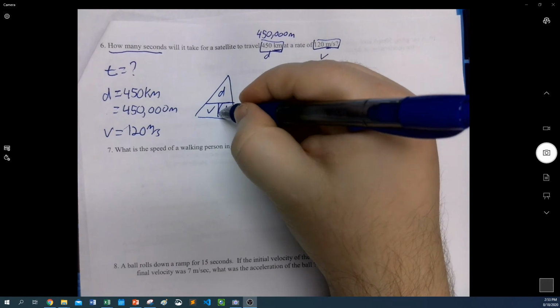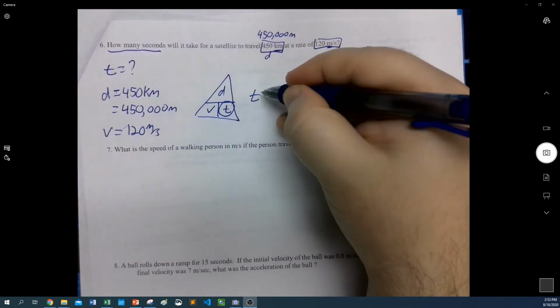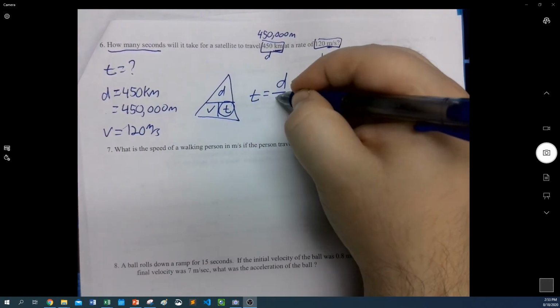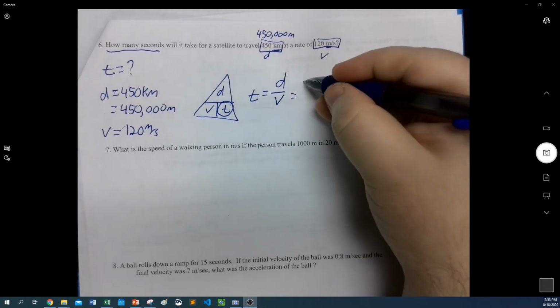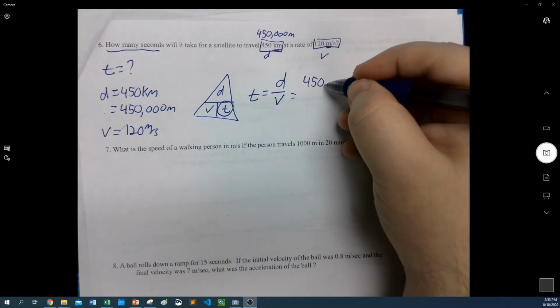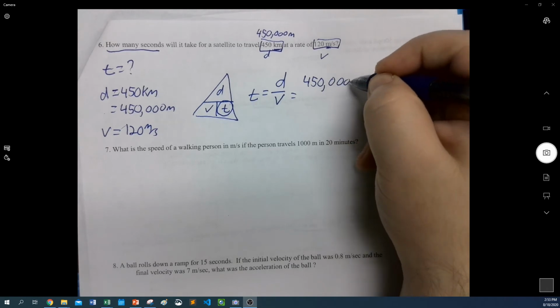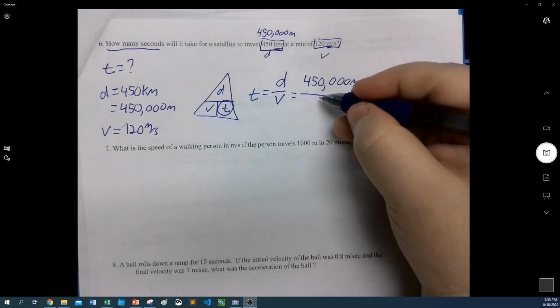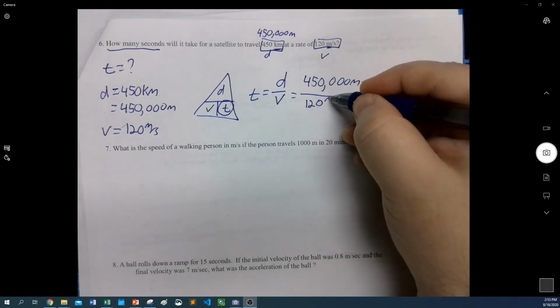So we're looking for time. Time is equal to distance divided by velocity. So plugging that in, 450,000 meters divided by 120 meters per second.